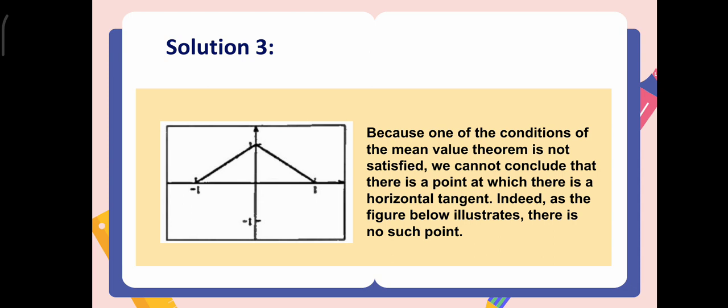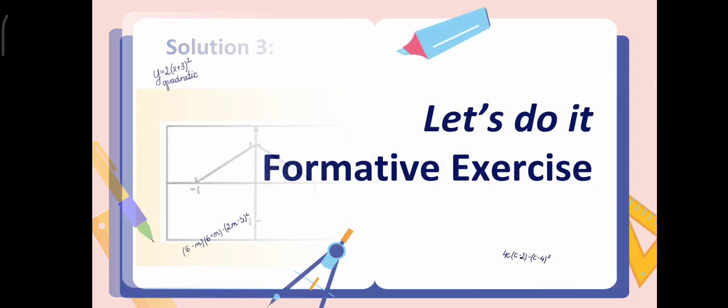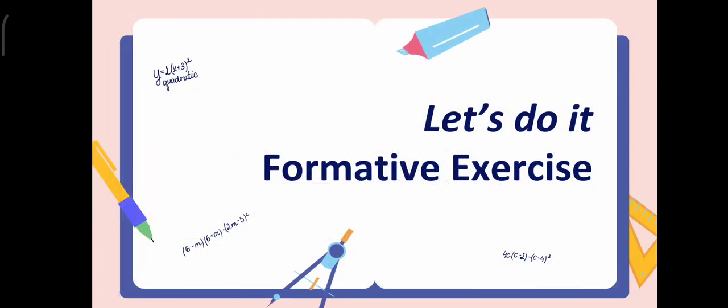Rolle's theorem states that on the graph of f, between the points where x equals a and x equals b, there is a point at which the tangent line to the curve is horizontal. The conclusion of the mean value theorem states that on the graph of f, between the points where x equals a and x equals b, there is a point at which the tangent to the curve is parallel to the line joining these points.